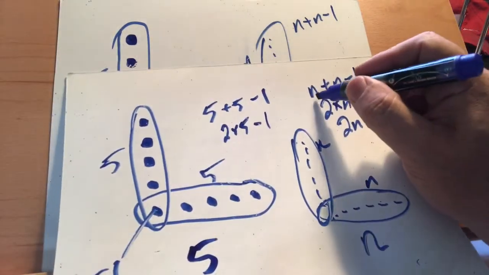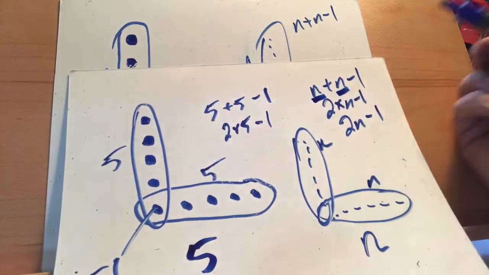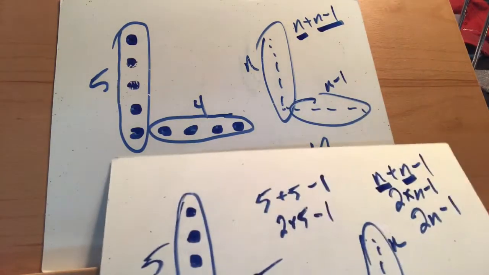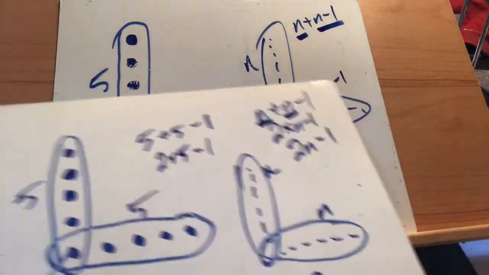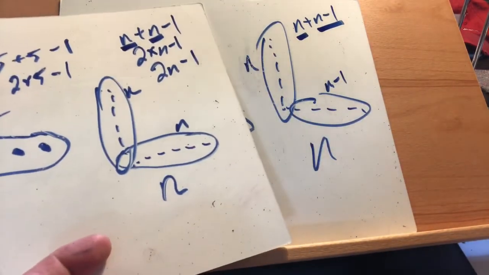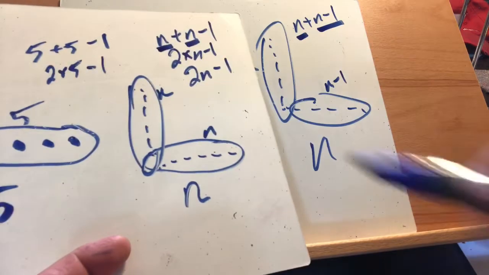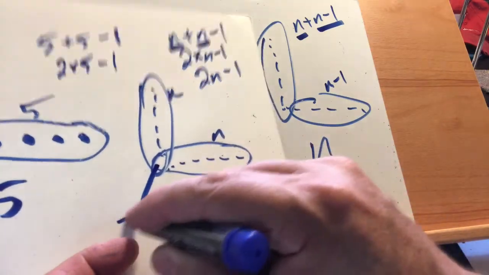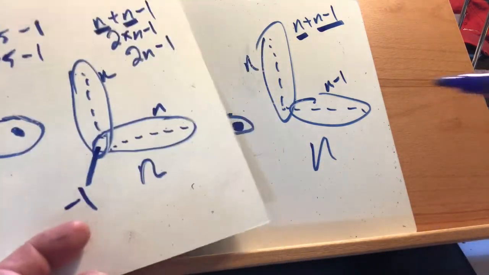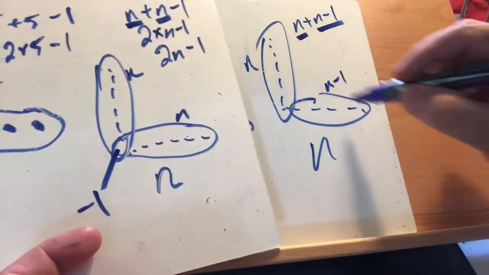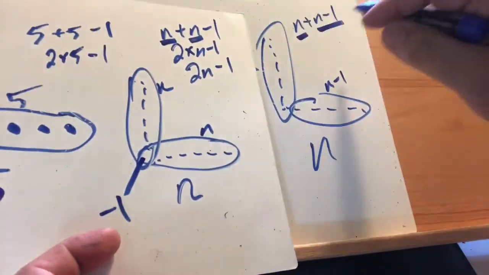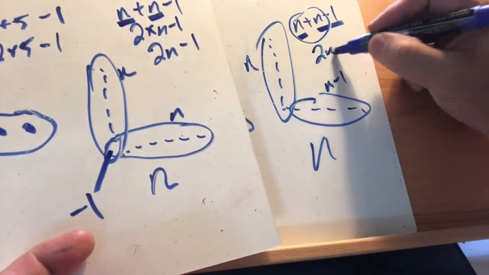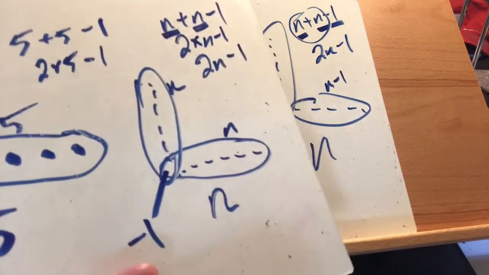Here it was n plus n, and then we did minus 1. And here it's n plus 1 less than n. Isn't that fun? There, you can see it now. The n's are like separate, and then the 1 is like an afterthought. And here, the 1 is part of this. But yet at the same time, it's n plus n minus 1, which we can still take and turn into 2 times n minus 1. How about that?